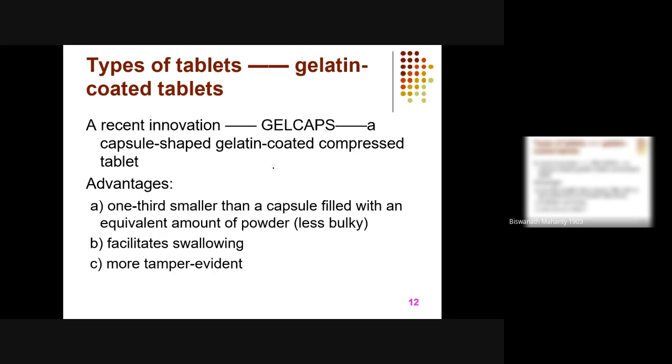Now when we are talking about gelatin coated tablets, gelatin coat, you know, right? Gelatin is a protein, much more flexible in structure, and we can use it in coating of these things. Capsule shaped gelatin coated compressed tablets are also there, which look like a capsule but definitely are not, because there are no really two parts. When I'm talking about capsules, capsule means hard capsule, right?